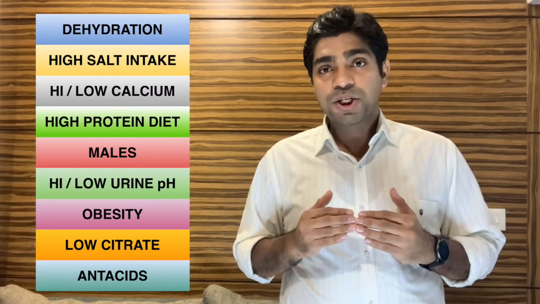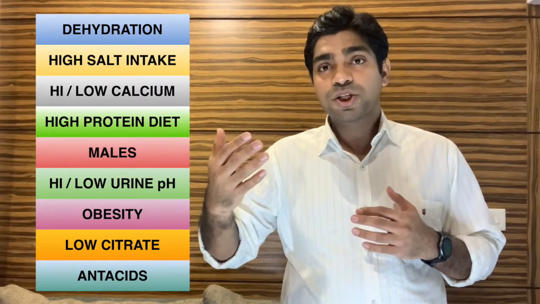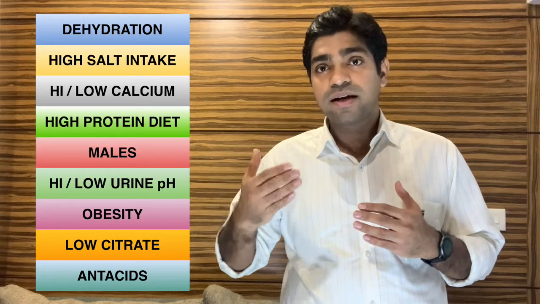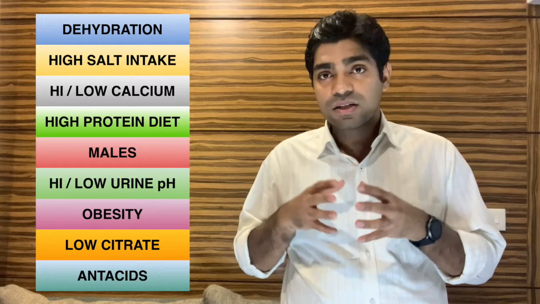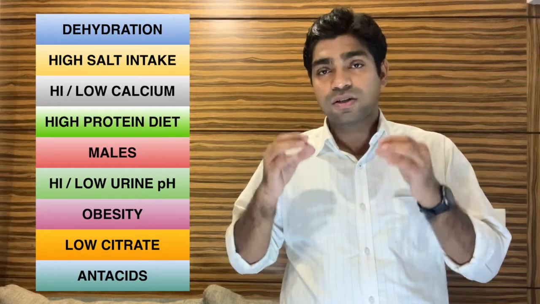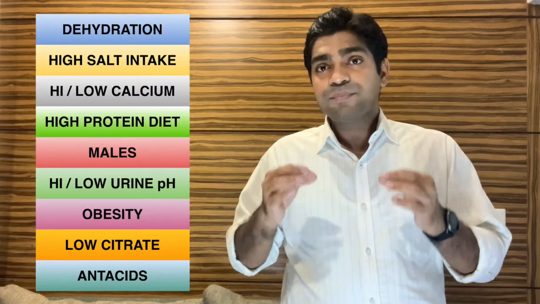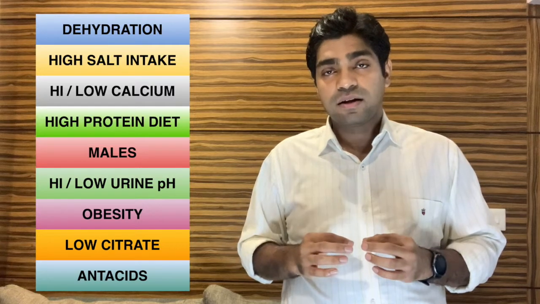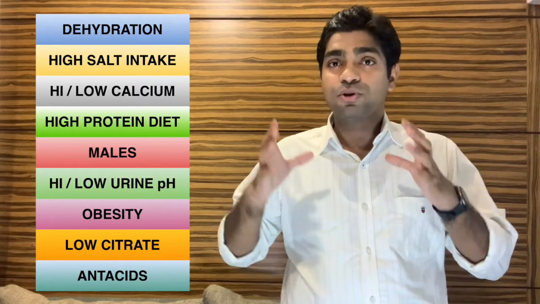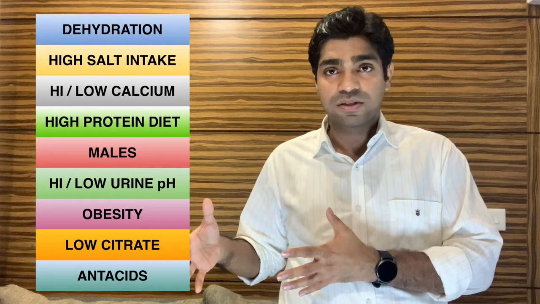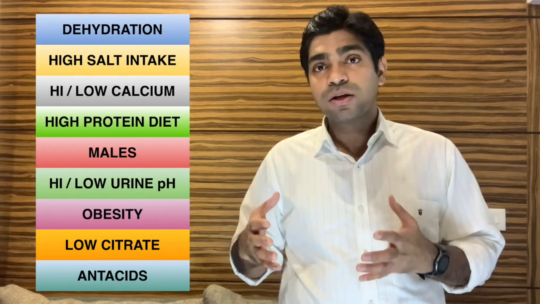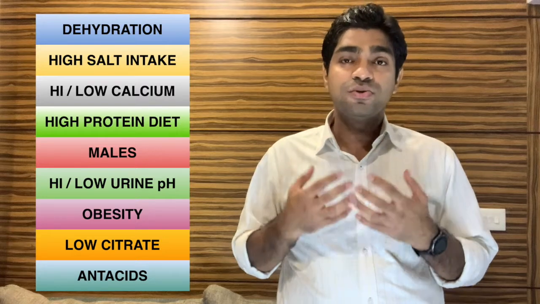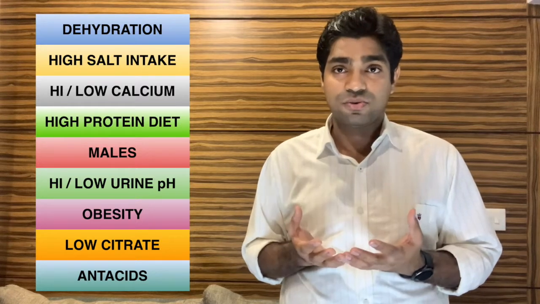Low levels of calcium cause predisposition to oxalate stones because it interferes with the dissolution of the oxalate chemical, or the oxalate, in the intestine and the urinary tract, and hence low calcium also predisposes you to calcium oxalate stones. Even a high amount of calcium is not good because it again predisposes you to stones, which are basically the calcium stones.